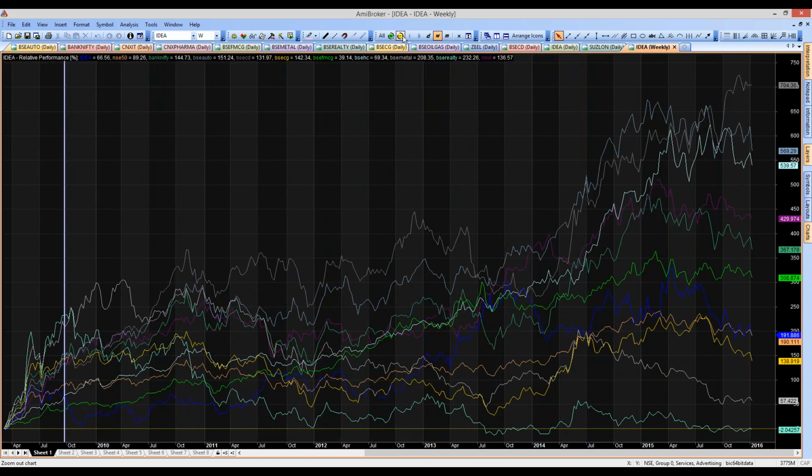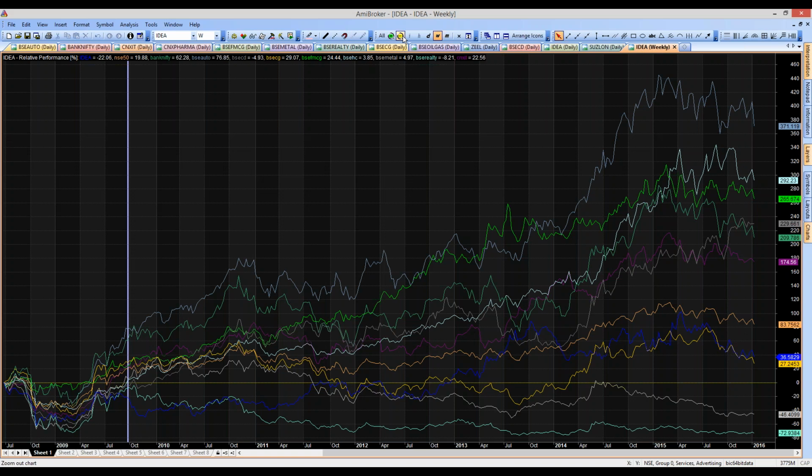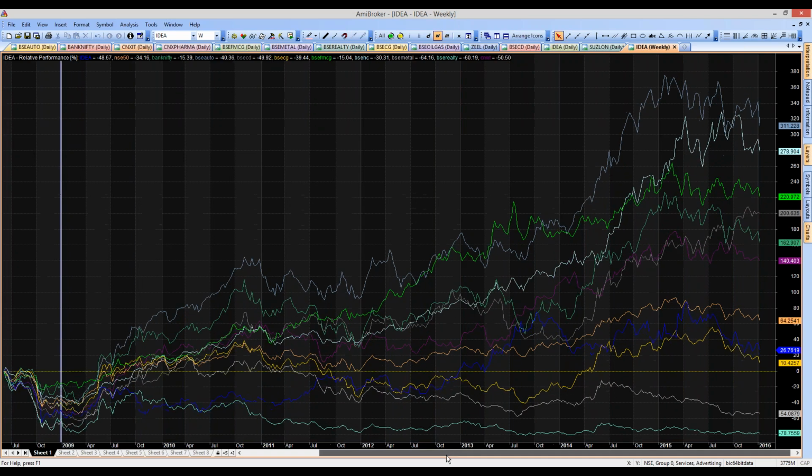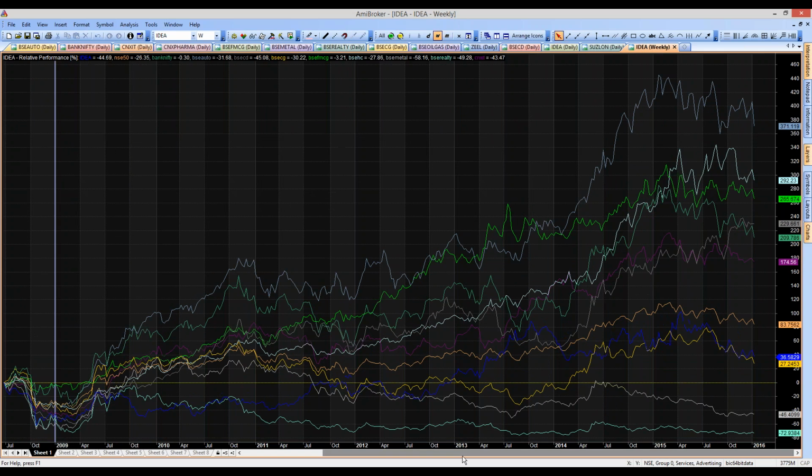I'm just trying to get some perspective here. If I look at, let's say, from 1st of Jan 2009, that's where the left bar is, and let me see if I can zoom that.